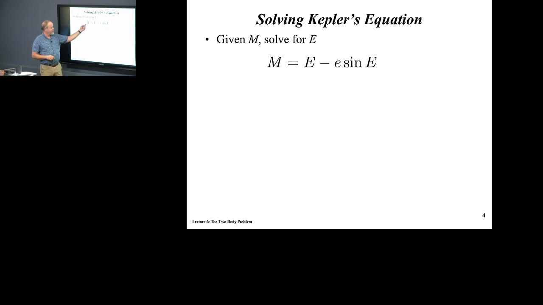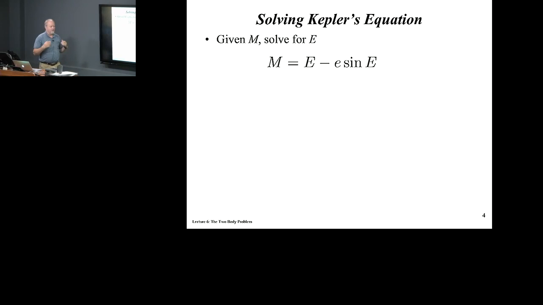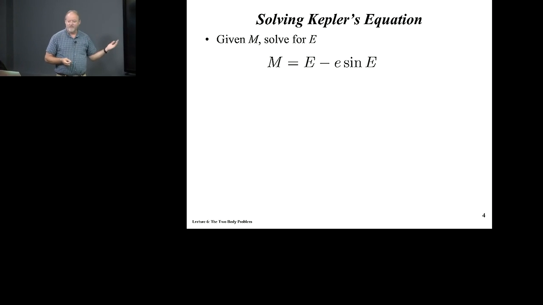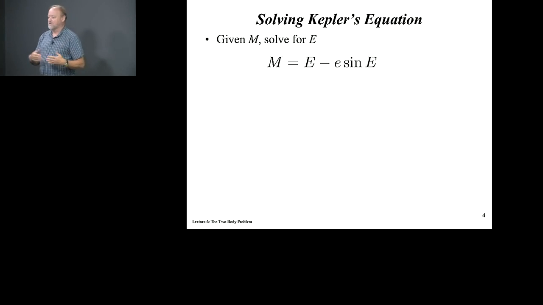But if you have the mean anomaly and you're trying to solve for the eccentric anomaly, then this is a nonlinear equation, and you have to be able to solve that nonlinear equation. This Newton-Raphson technique is not special to Kepler's equation. You can use it to solve lots of different nonlinear equations as long as they're not too wildly behaved functions, as I'll show you in a minute.